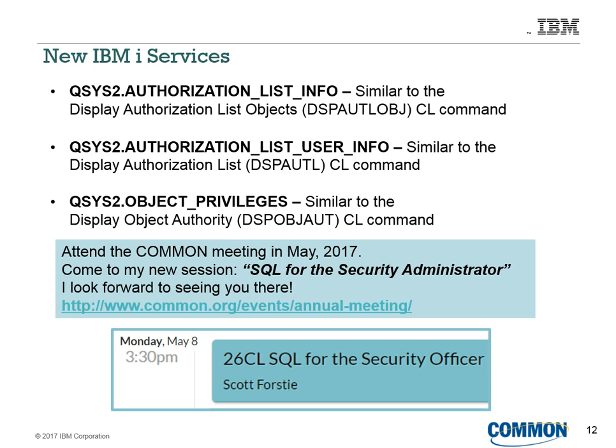We now have authorization list support, both a list of those objects that pertain to an authorization list and the user authorization for the authorization list. We didn't stop there. We also invented something called object privileges, which is the SQL version of display object authority. You can see all the authority, both public and private, for any object.